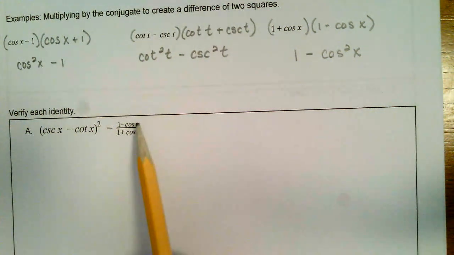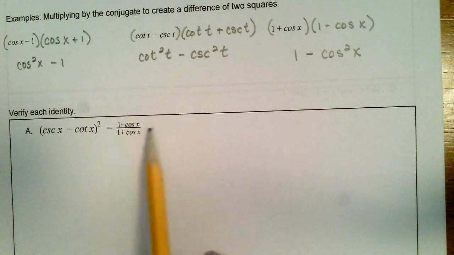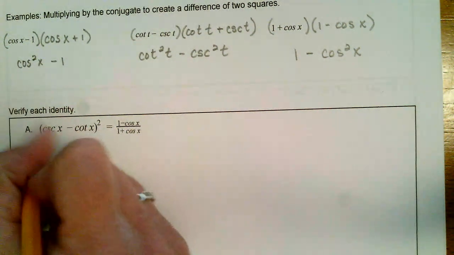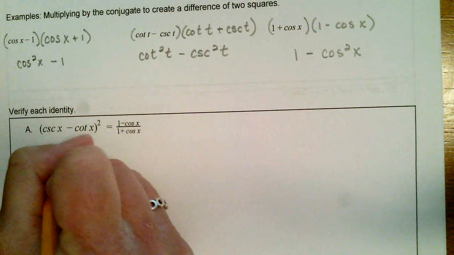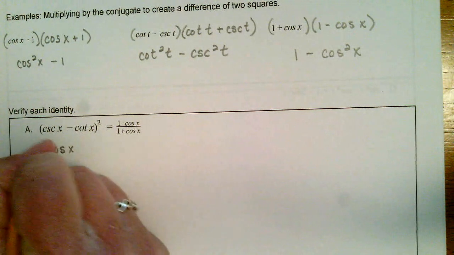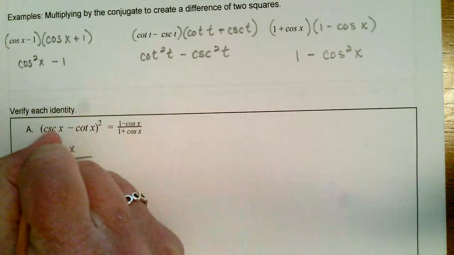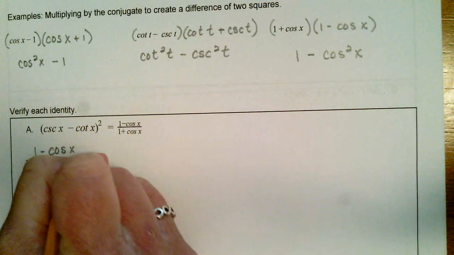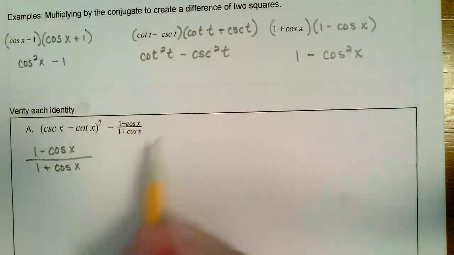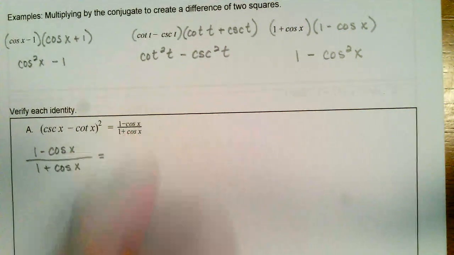Okay, I think that this side is more difficult because it has division. So that's where I'm going to start. So I have 1 minus cosine of x over 1 plus cosine of x. Okay, so this time I'm starting with the right-hand side.